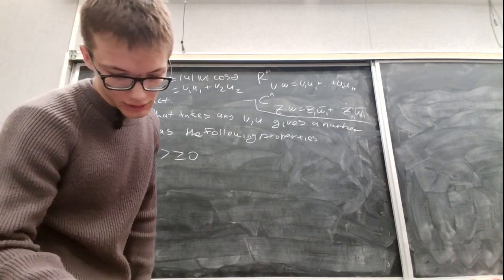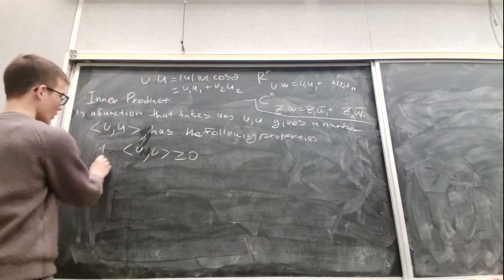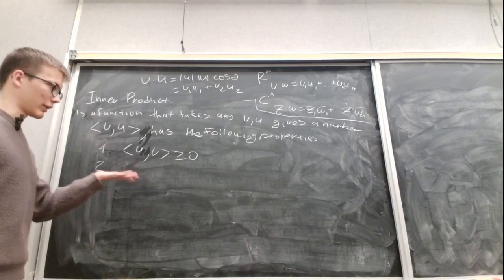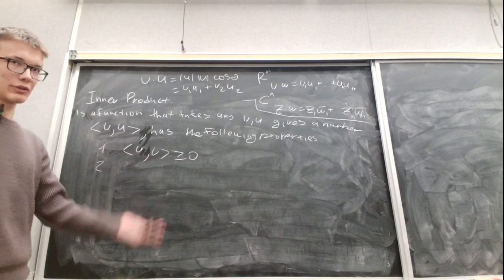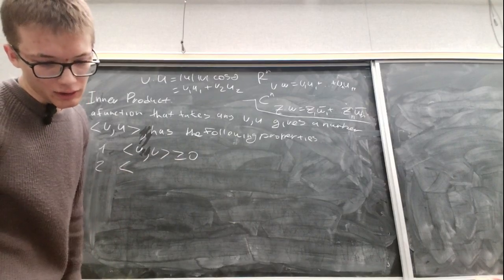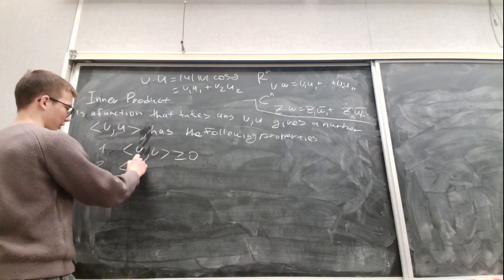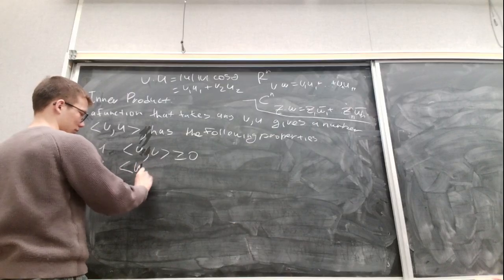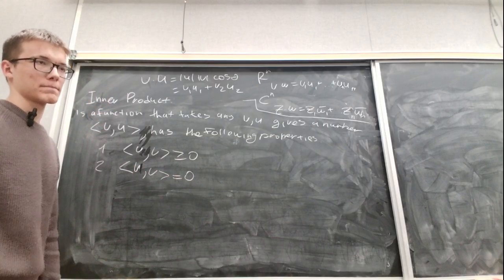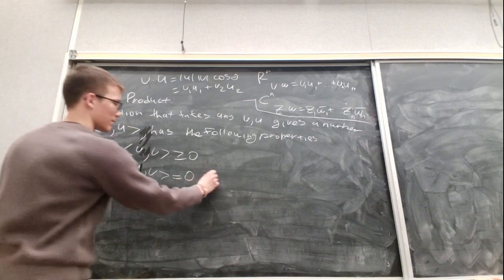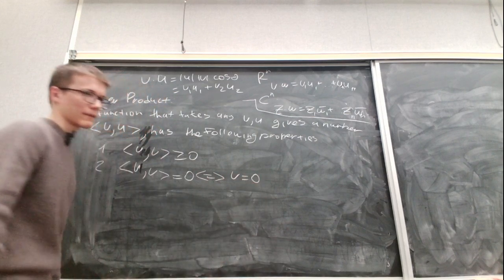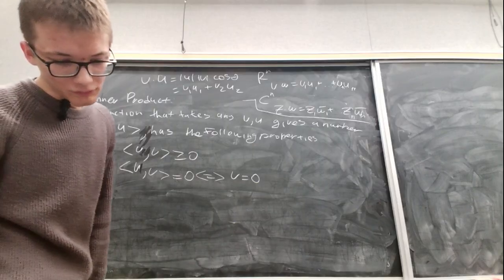Then the second one. The only possible way to get an inner product equal to 0 is when the vector is equal to 0. So it's important that the inner product of v with itself is 0 if and only if v is 0.